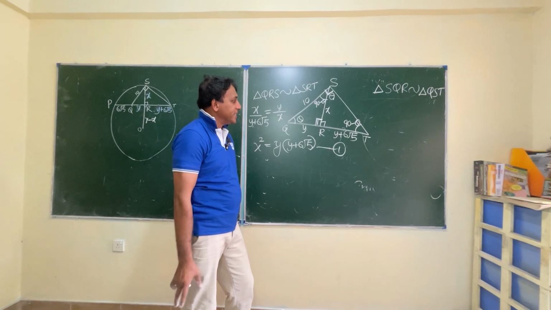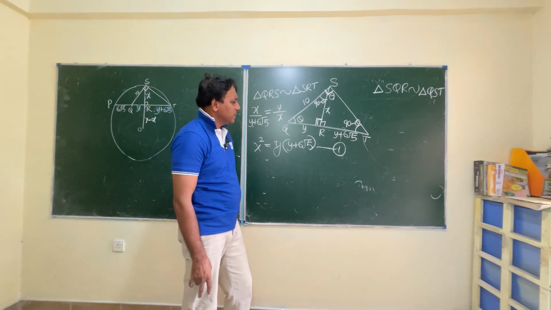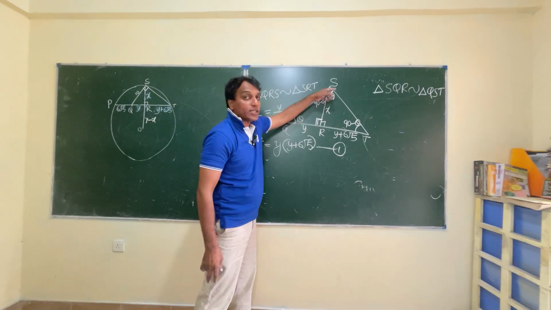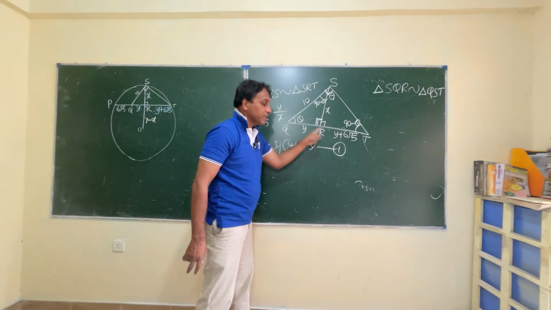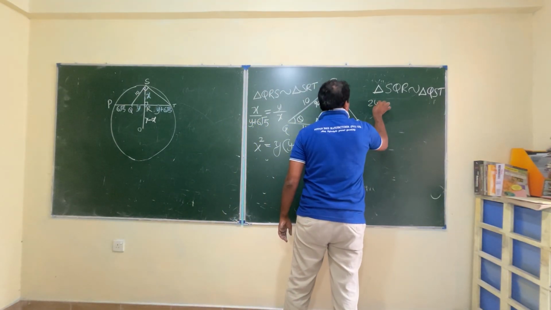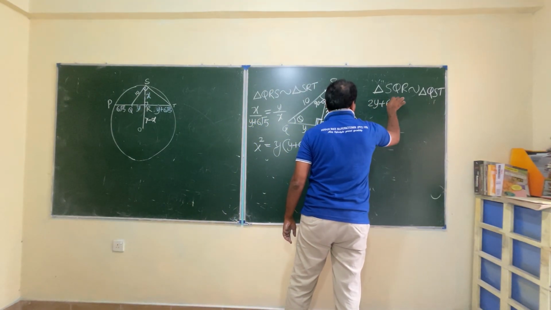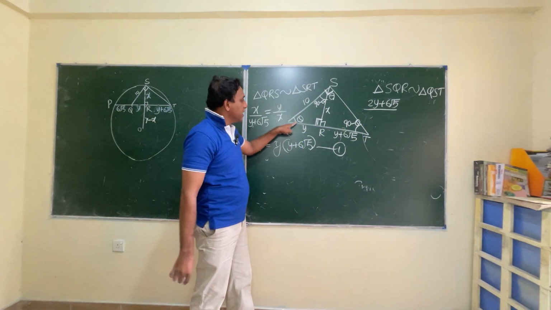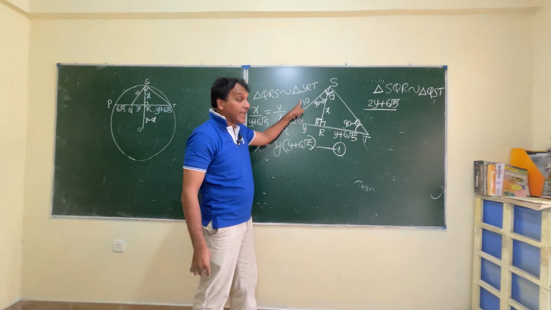Another relation in terms of theta. I take the big triangle, 90 degrees opposite 2y plus 6 root 5, okay, over small triangle 90 opposite 10.